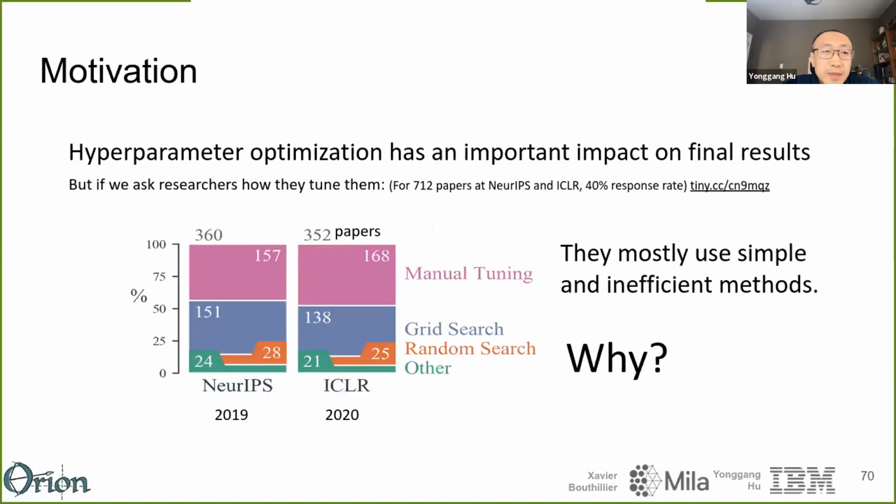As Xavier mentioned, HPO is very important and has a great impact on the final result. But also, from the survey he did for the NeurIPS and ICLR conferences, a majority of researchers are still using manual approaches and simple, inefficient methods. The question is why? Next chart.